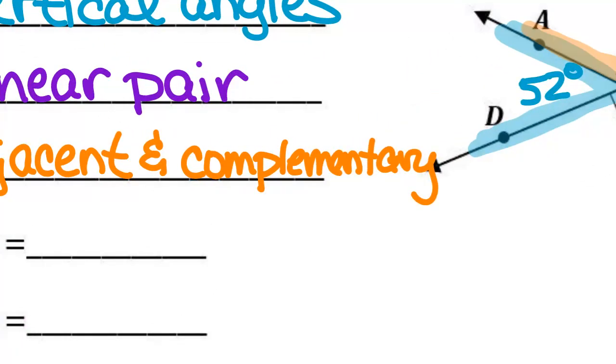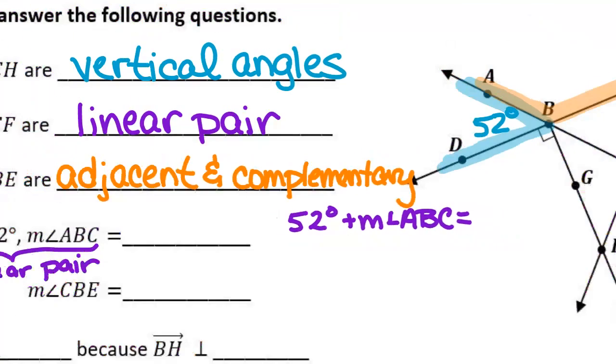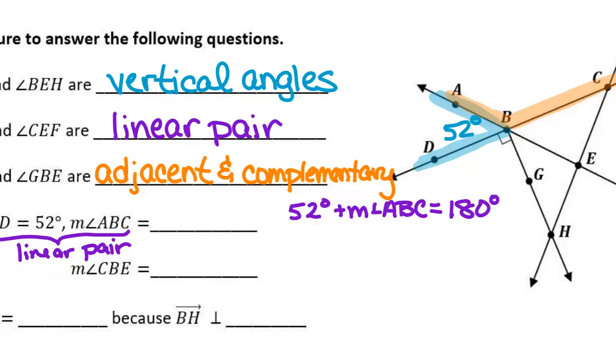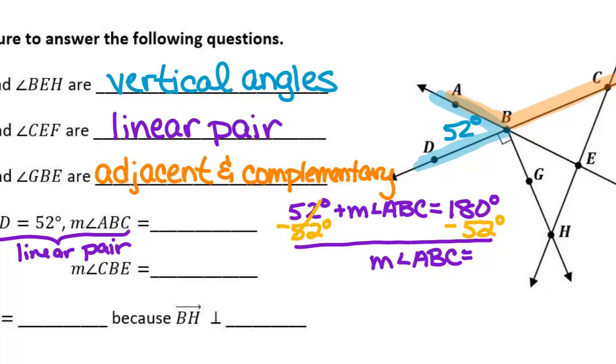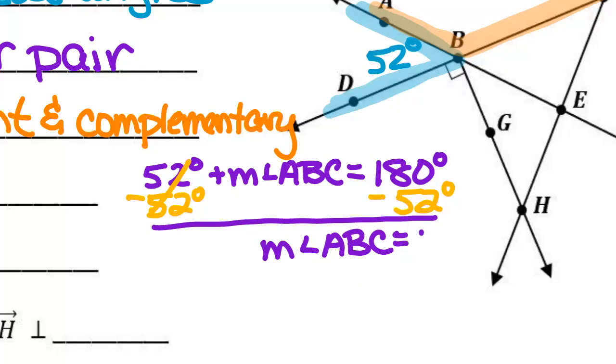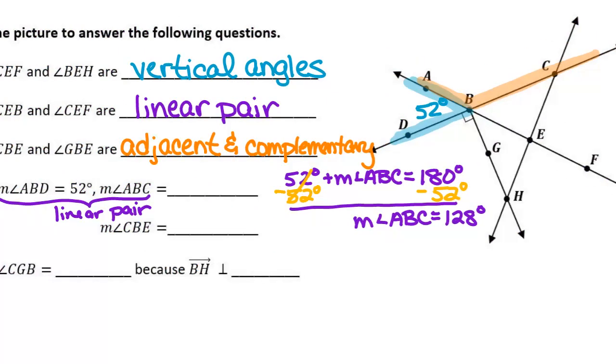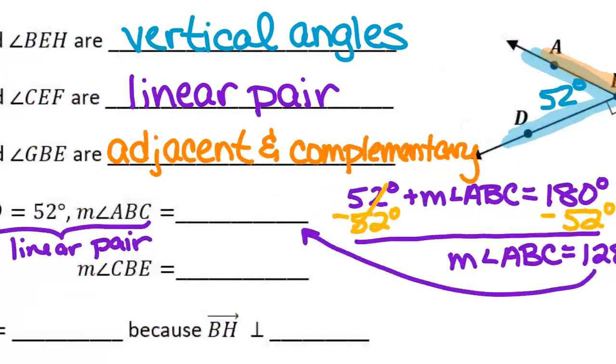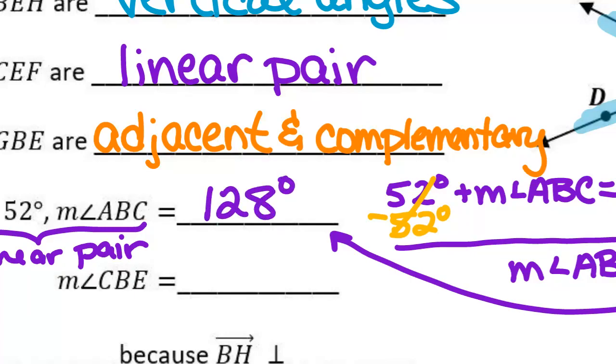They add to 180. So 52 degrees plus the measure of angle ABC is equal to 180. So then I'm going to minus 52 from both sides to find angle ABC. What is 180 minus 52? 128. So this is 128 degrees.